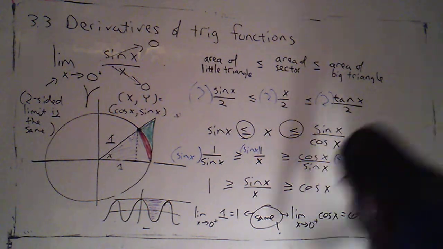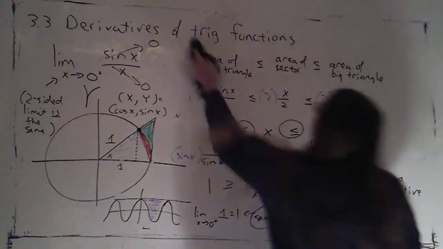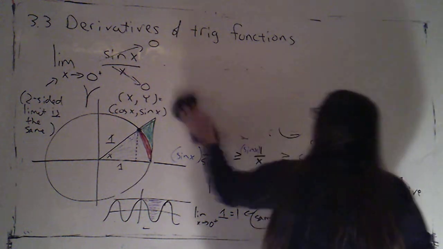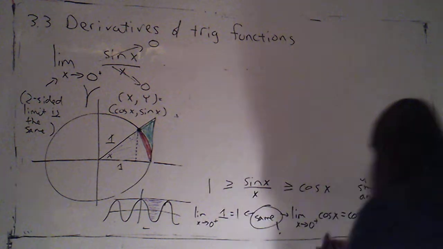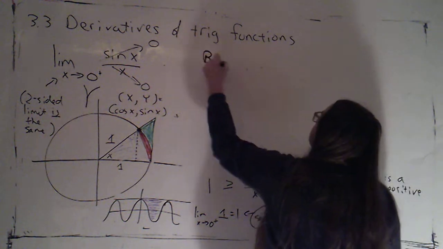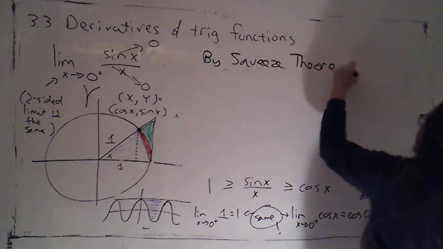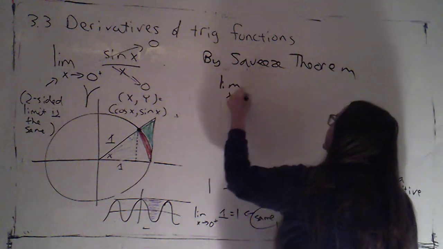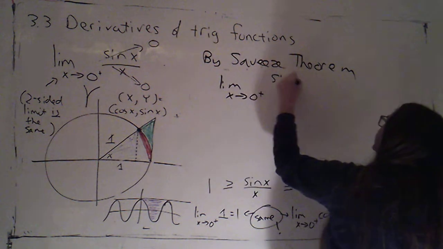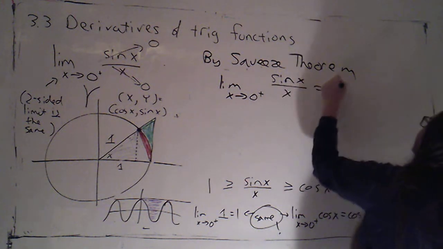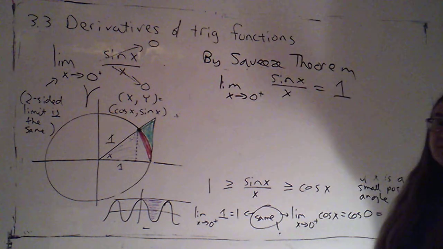So now I can say, by the squeeze theorem, the limit as x goes to 0 from the right of sine x over x is 1.